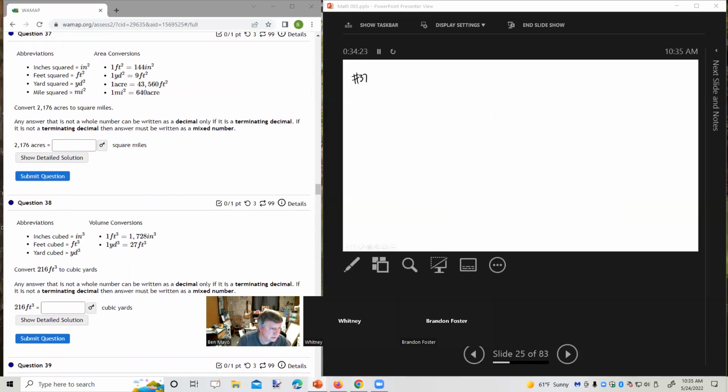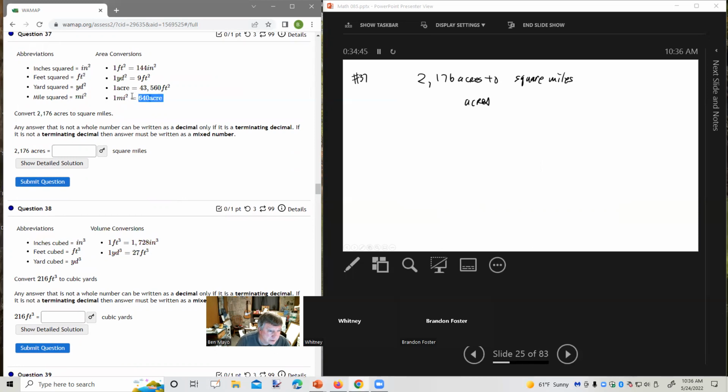Number 37, convert 2,176 acres to square miles. All right, let's see. I can go from acres directly to square miles.